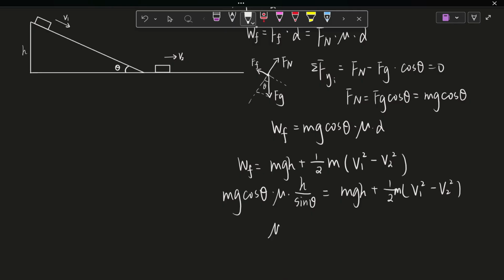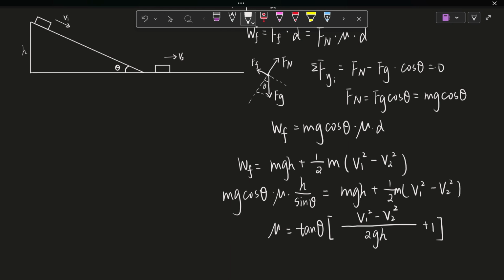Mu is equal to tangent theta times v1 squared minus v2 squared over 2gh, plus 1.